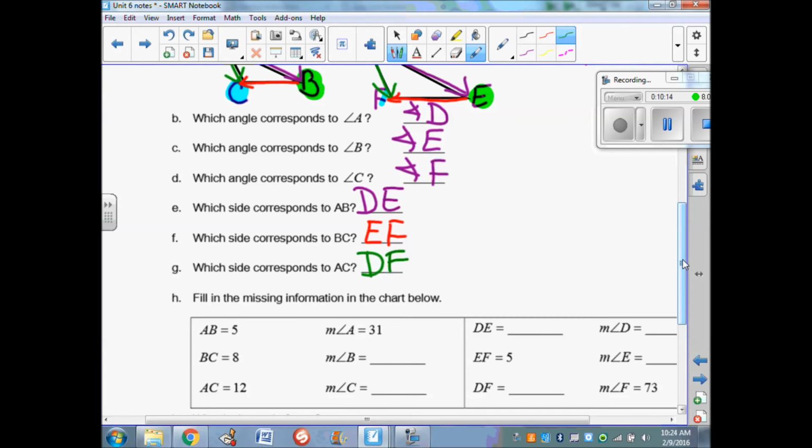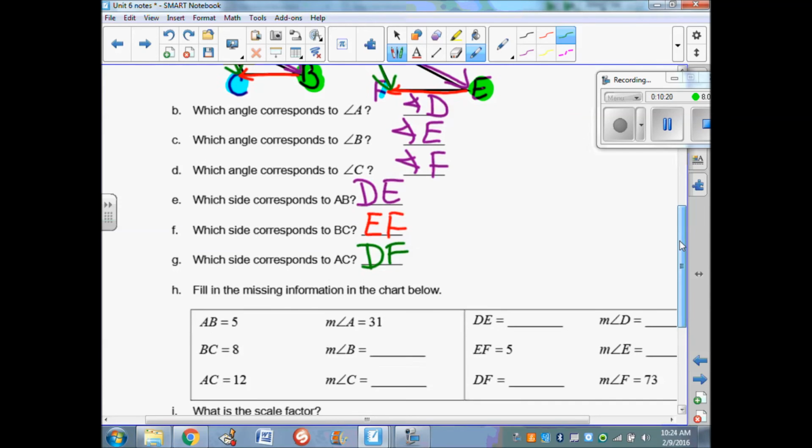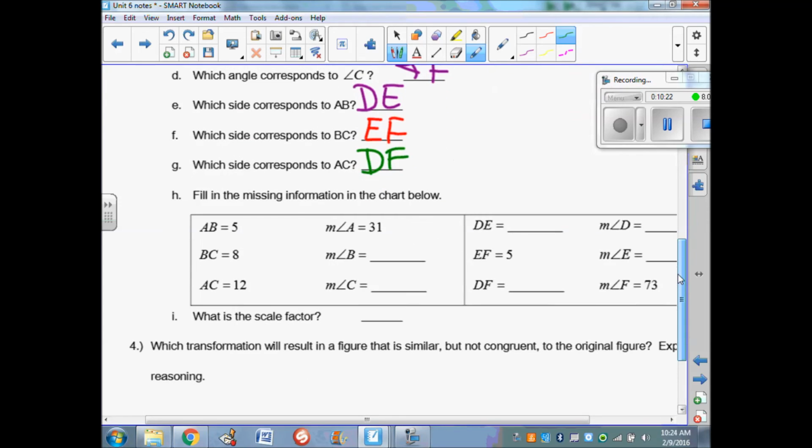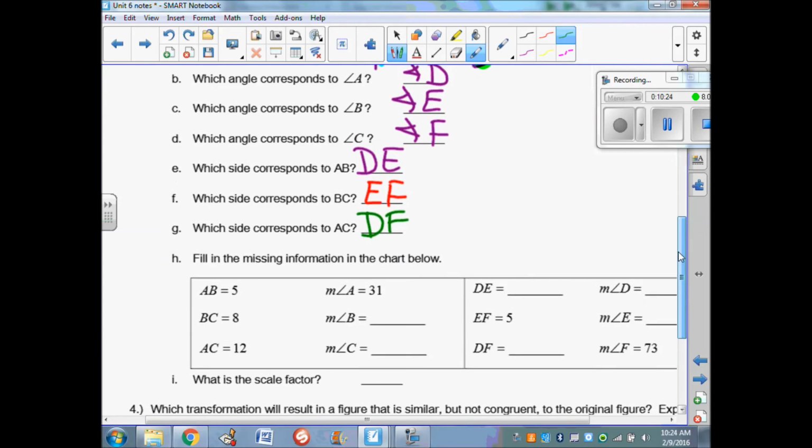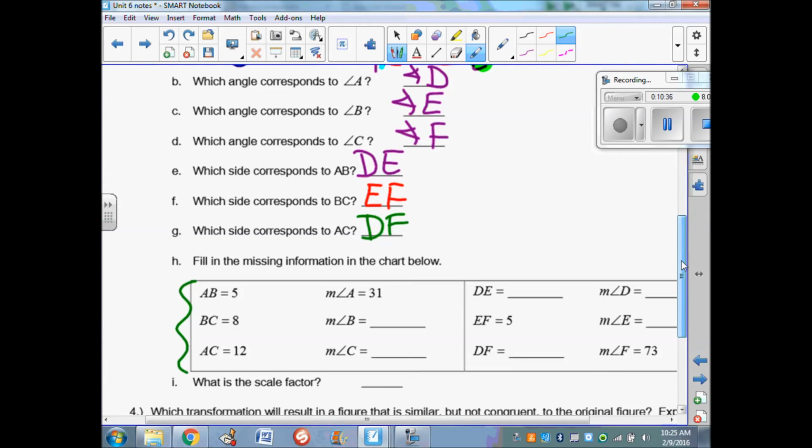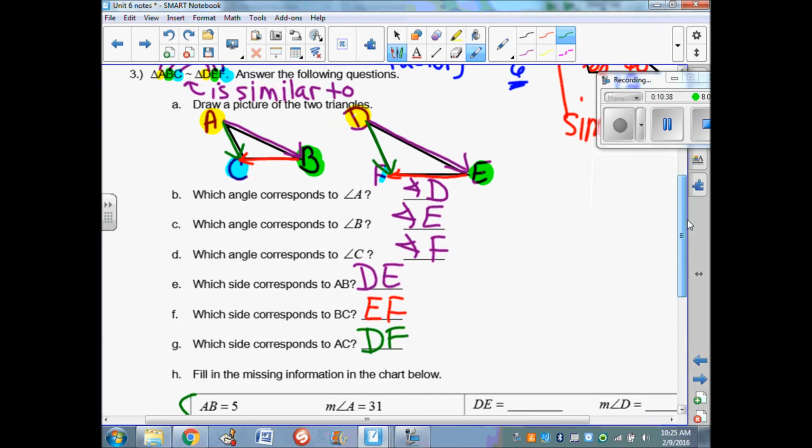So fill in the missing information in the chart below. All right, so we still got the same triangle here. And they're telling us, okay, so if AB is 5, they list out for that triangle, so 5, 8, and 12. Okay, I'm going to go back up and label.